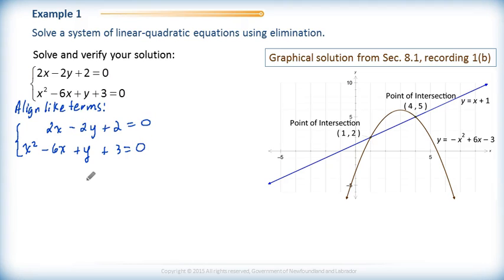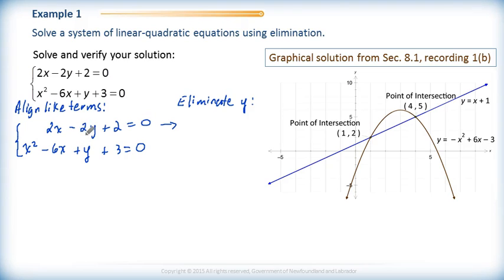Next thing I want to do is eliminate y. How do I do that, you say? Well, one way is to set it up so that when I add these two equations, I'll have a positive y and a negative y, but they have the same coefficient otherwise.